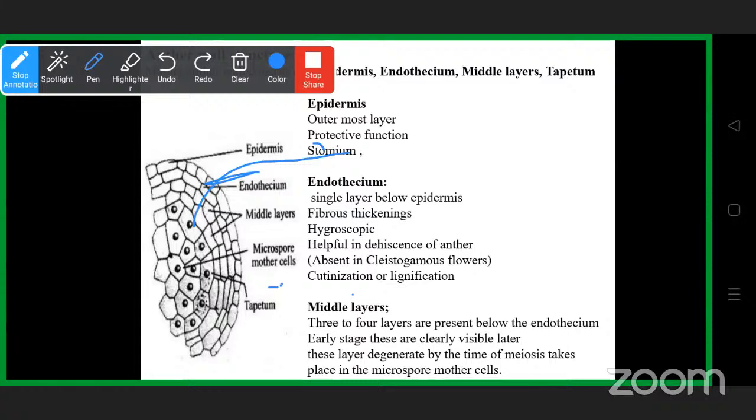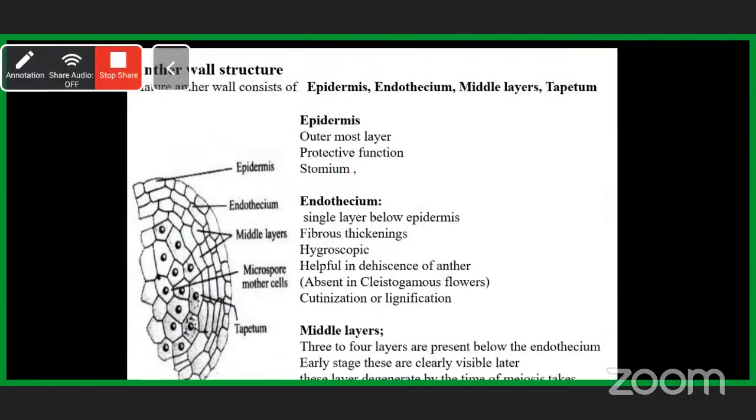Middle layer and microspore mother cell, tapetum. These all are the parts. You see what the function of the endothecium is?